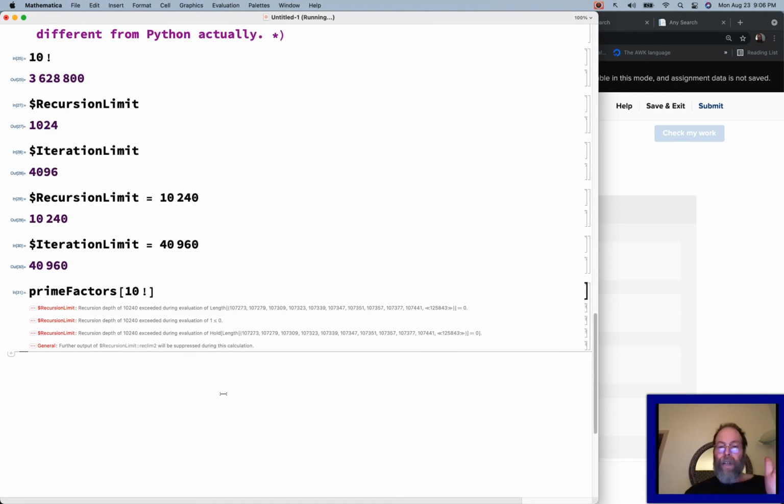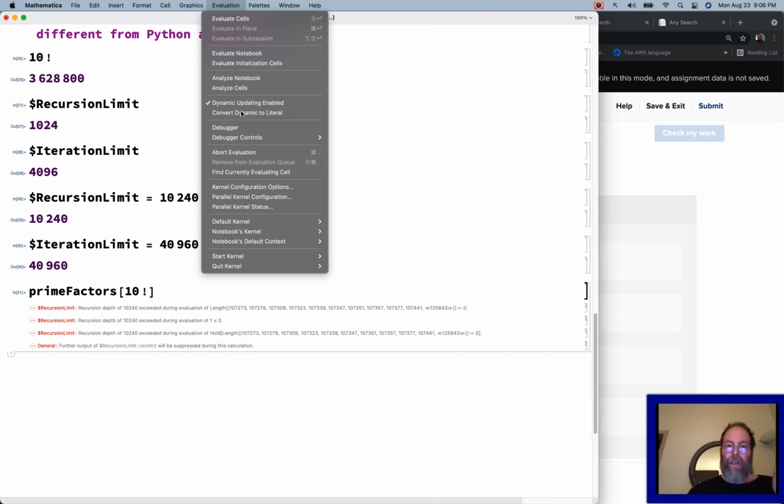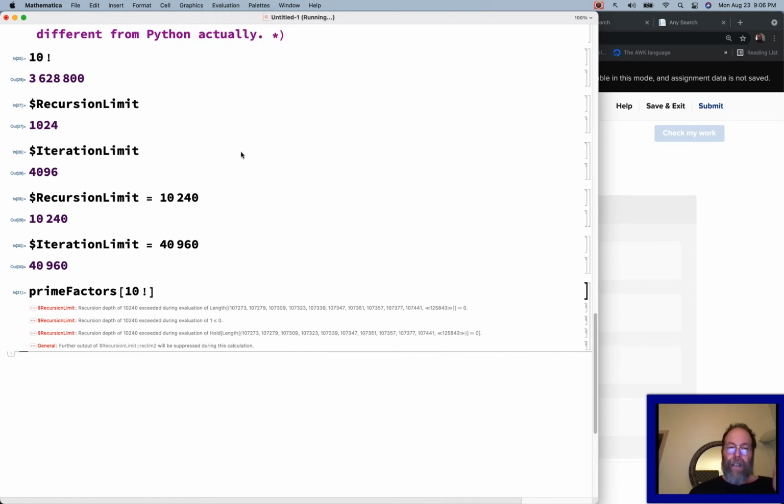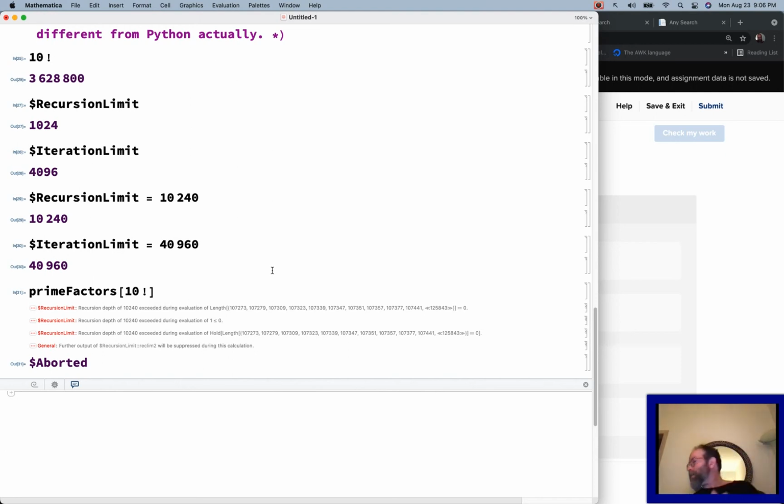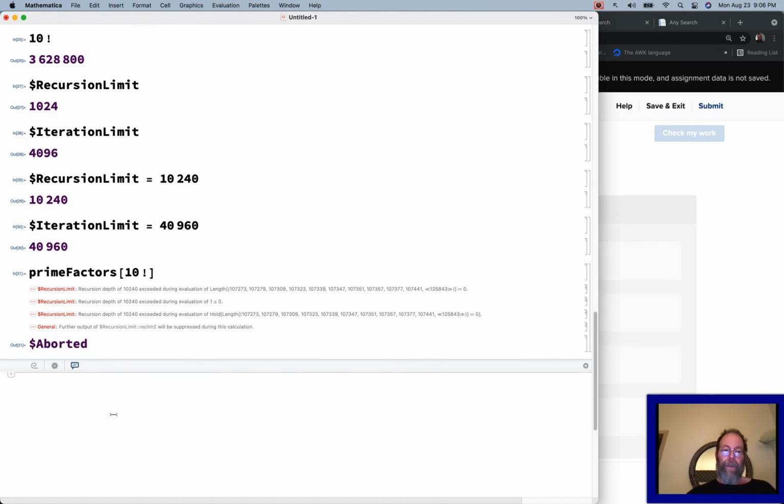So what I would recommend is this. We need to abort the evaluation. Abort the evaluation. So this is what we're going to do. 10 factorial.